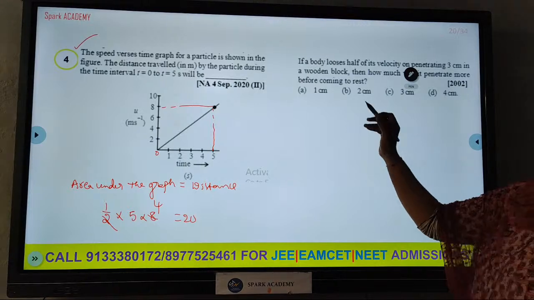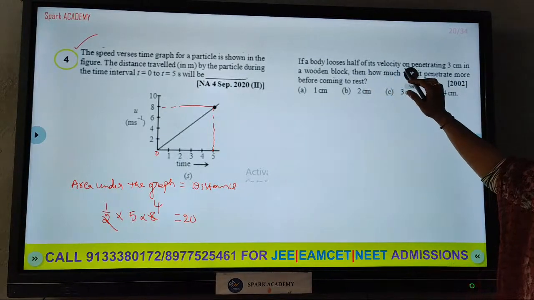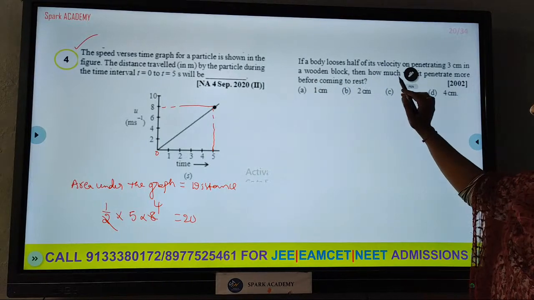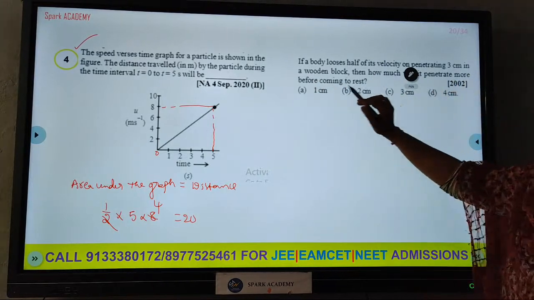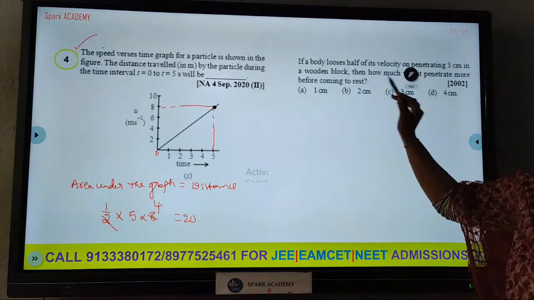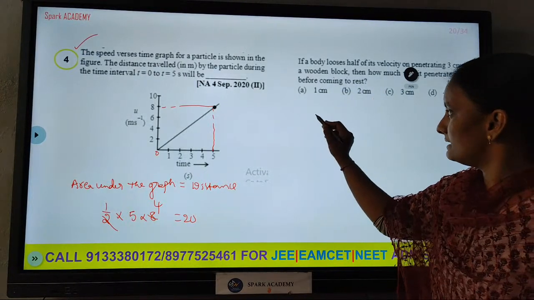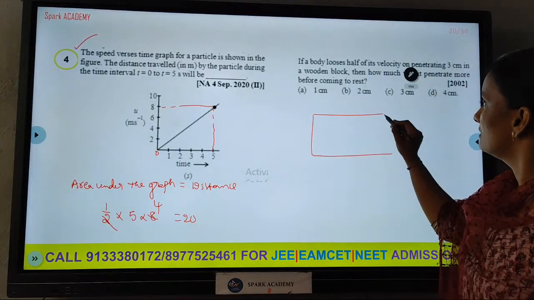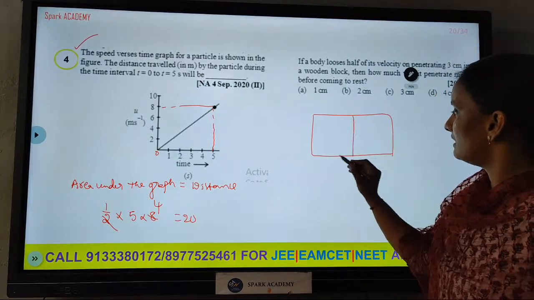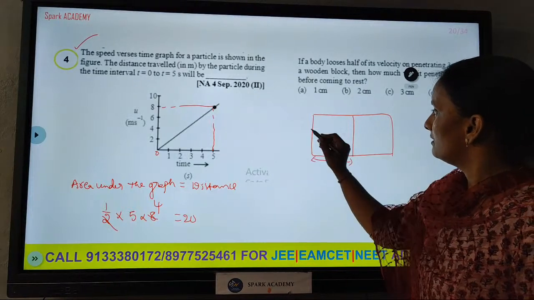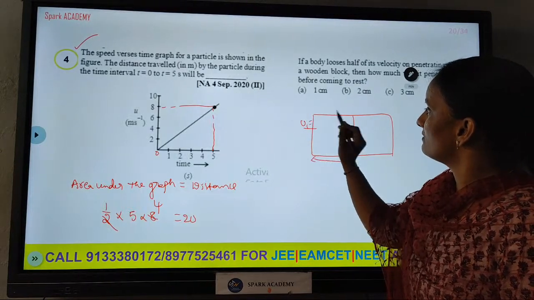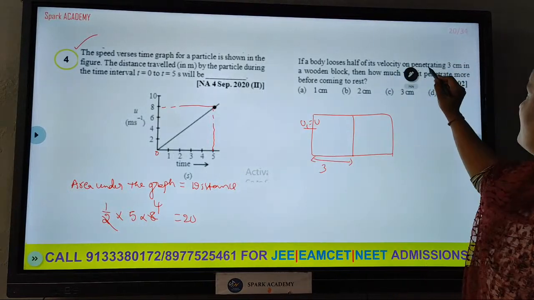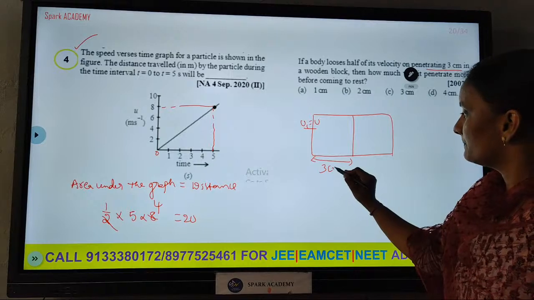Next, if a body loses half of its velocity on penetrating 3 cm in a wooden block, then how much more will it penetrate before coming to rest? So there is an object penetrating through a wooden block. Let us say its initial velocity is u, and it penetrates 3 centimeters.